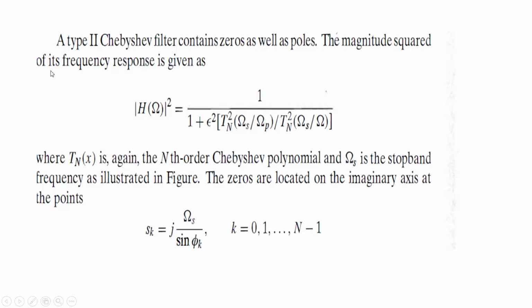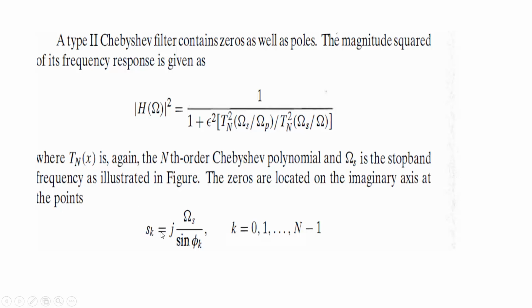The magnitude squared of its frequency response is given by this expression, where Tn, as usual, is the nth order Chebyshev polynomial, evaluated at omega_s by omega_p, where omega_s is the stopband frequency and omega_p is the passband frequency. As we already know, we have gone through the type 1 design. The zeros of the type 2 Chebyshev filter are located on the imaginary axis at these points.